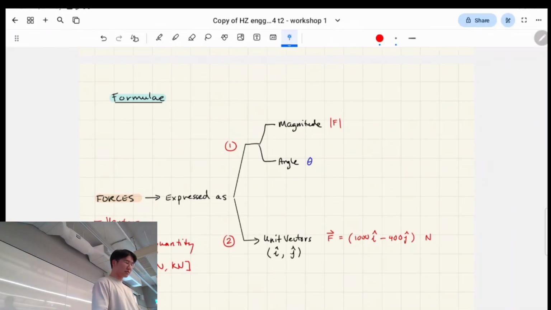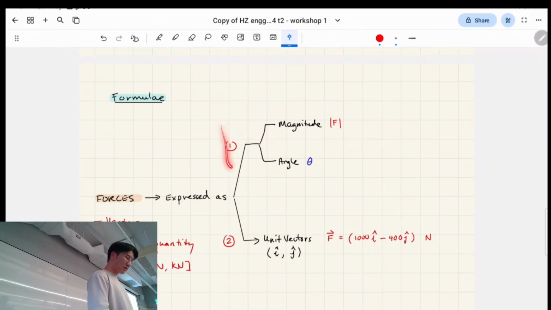In particular, the units you'll see a lot in the course are newtons, named after Newton, and kilonewtons, which is 1,000 newtons. You'll see it depending on the context. Usually buildings support large loads, so you'll be working in the scale of kilonewtons. Smaller scale machinery might be in newtons. You'll see both, but you should be able to fairly comfortably convert between those 2 units.